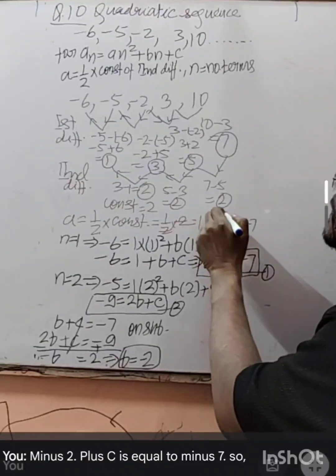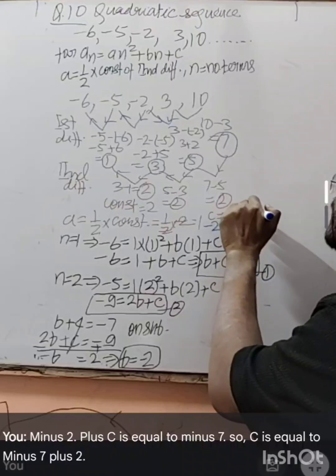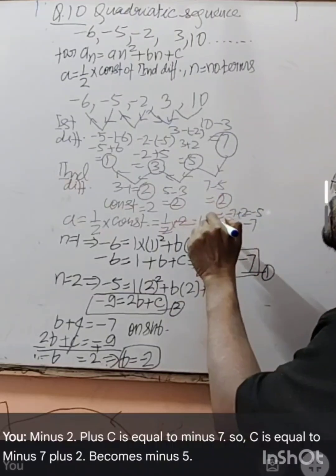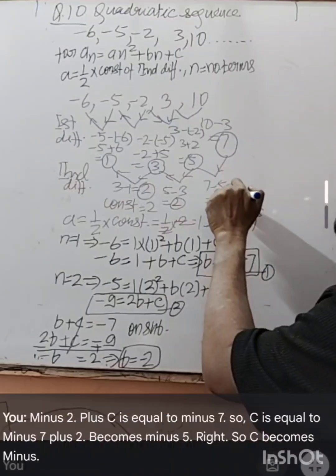So c is equal to -7 plus 2 becomes -5, right? So c becomes -5.